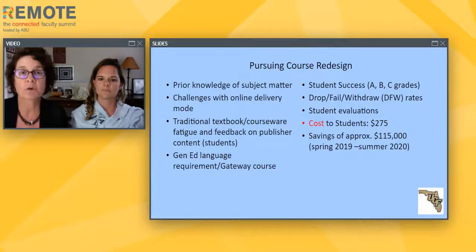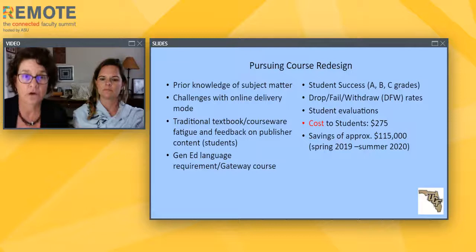So essentially what we want to do with adaptive learning is increase student success, which means a grade of A, B, or C, decrease our drop, fail, and withdraw rates, decrease the numbers of students who do that, and then also see if we can get more positive student evaluations. That isn't so much from the Board of Trustees, but it is something that is important to us because we use it to inform our teaching.